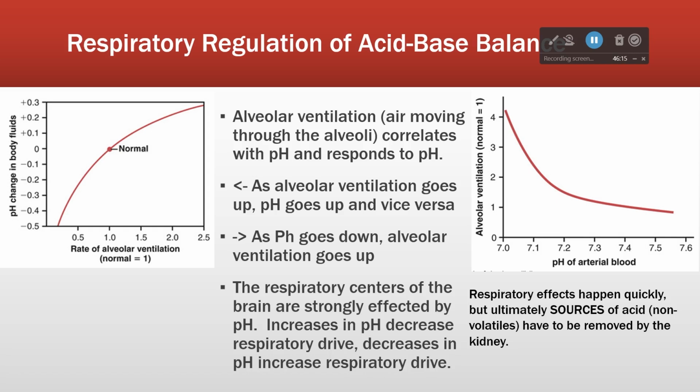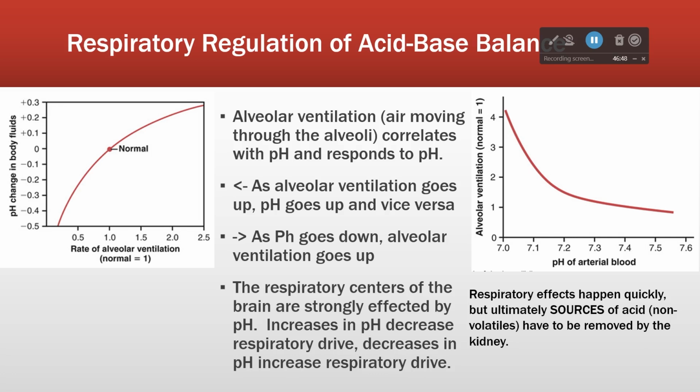Now, the graph on the other side says as our pH goes down, for whatever the cause, our alveolar ventilation goes up. In other words, we breathe faster the more acidic we are. So both things are true. The faster we breathe, the higher our pH. The slower we breathe, the lower our pH. But cause and effect: if our pH is low, we will breathe faster.